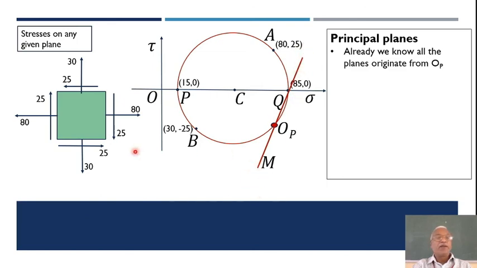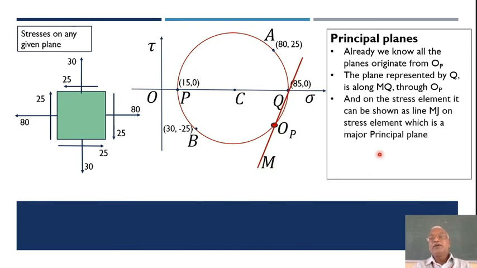If you put this plane over here, that will be nothing but a plane without any shear stress. The plane represented by Q is along the line MQ. You can just see here, MQ through OP, that is actually OP to Q. I have extended it up to M so that I can refer to it as MQ.